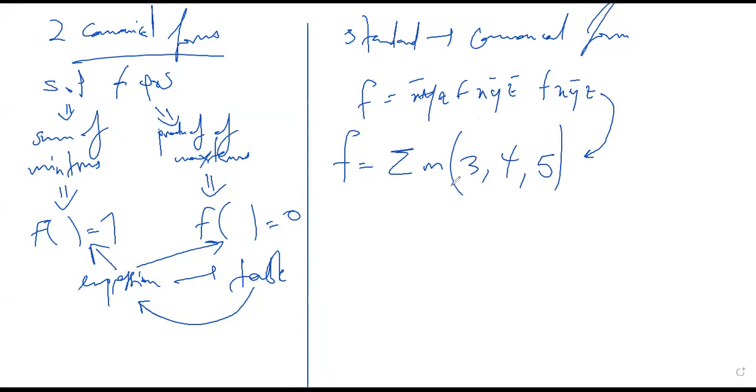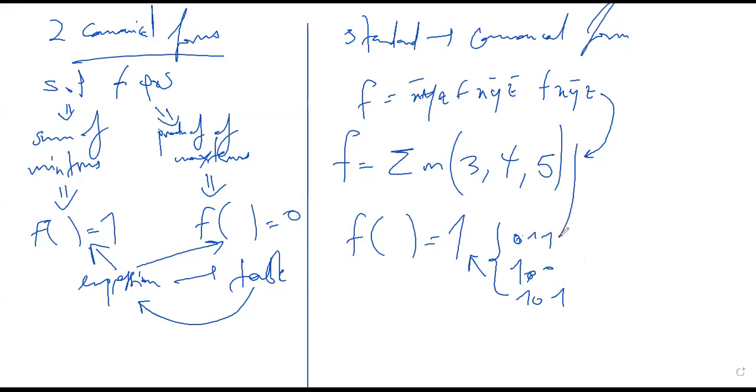From the shorthand notation, I know my function is equal to 1 for which min terms? For 0, 1, 1, for 1, 0, 0, for 1, 0, 1. If I draw a truth table for this, the function output will be 1 if the input variables are 0, 1, 1, or 1, 0, 0, or 1, 0, 1, all these three coming from this expression.